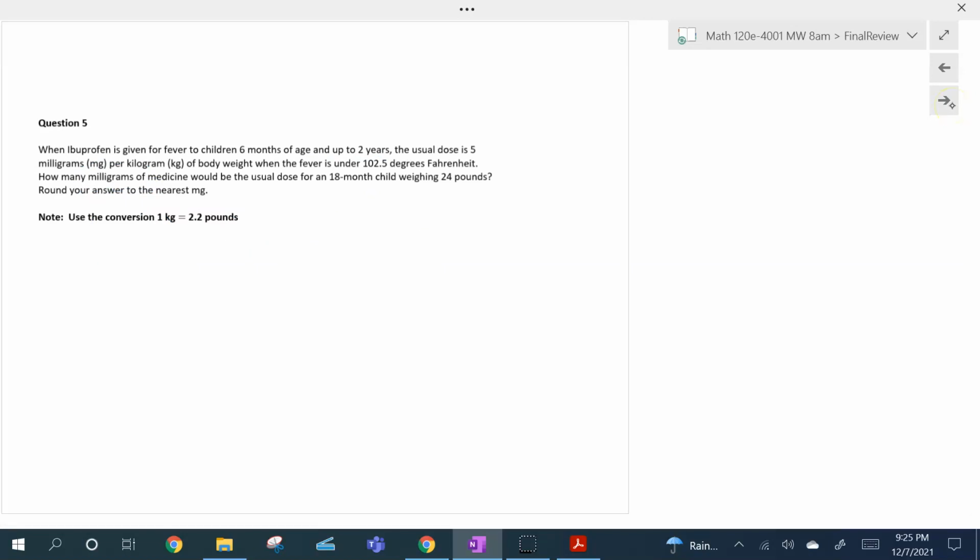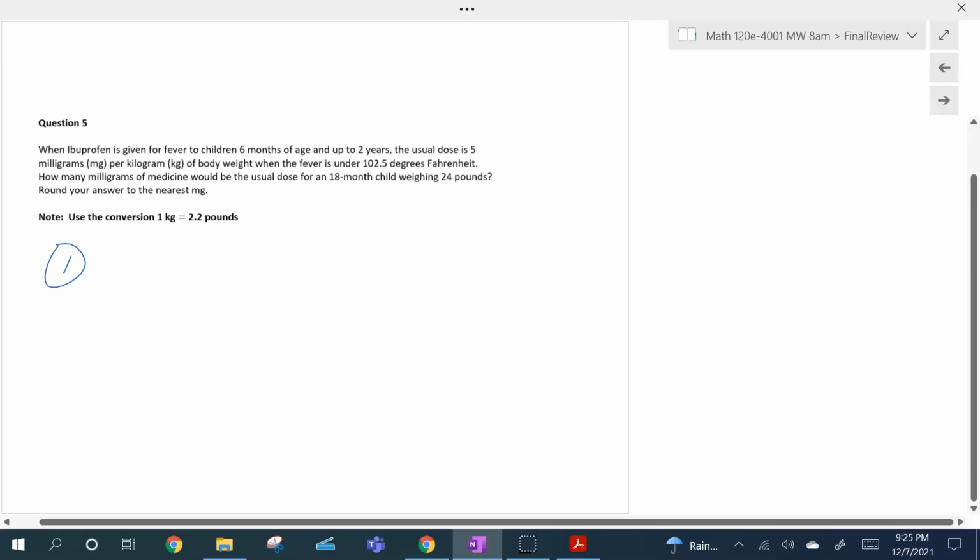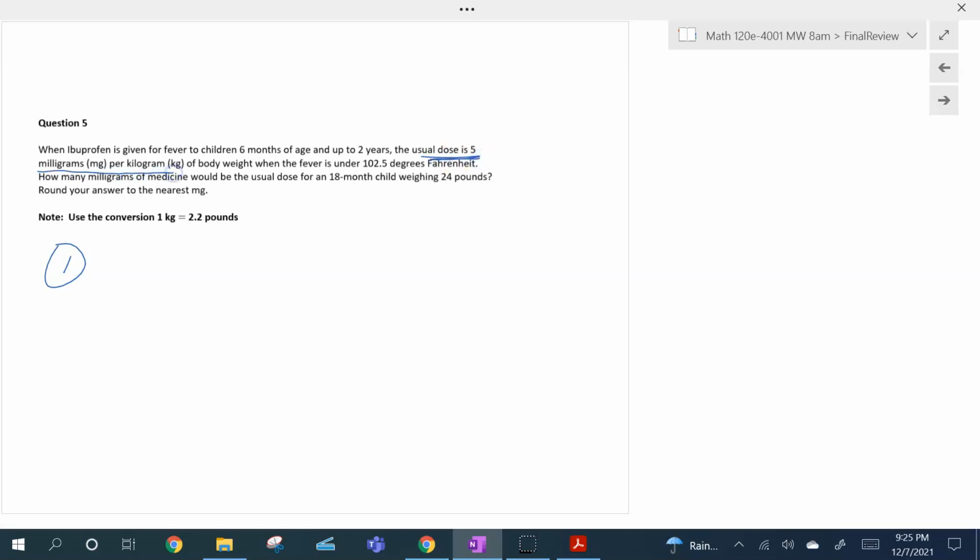Alright, when ibuprofen is given for fever to children from 6 months up to 2 years, the usual dose is 5 milligrams per kilogram of body weight when the fever is under 102. How many milligrams would be the usual dose for an 18-month-old weighing 24 pounds? So, number 1, we've got to convert the 24 pounds. Notice the dosage is 5 milligrams per kilogram of body weight, but we're in pounds.